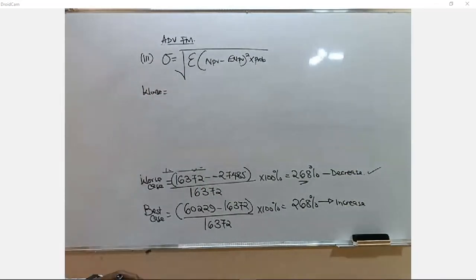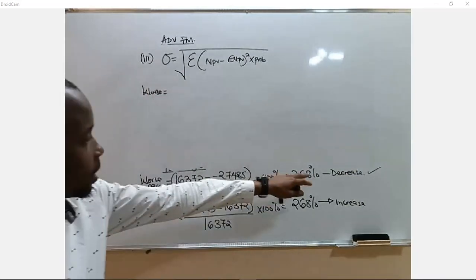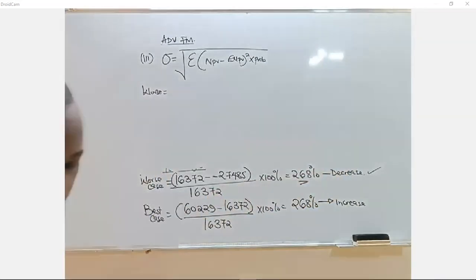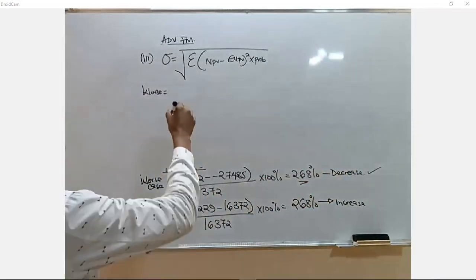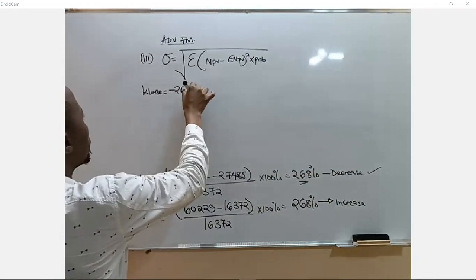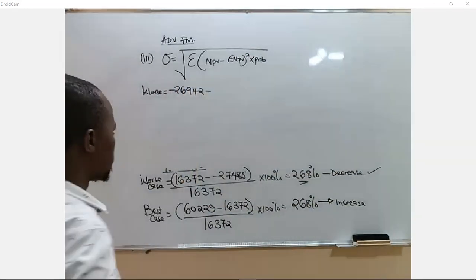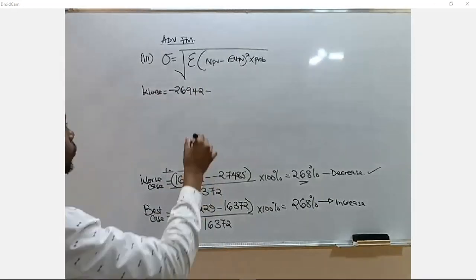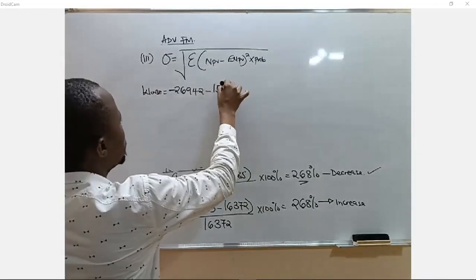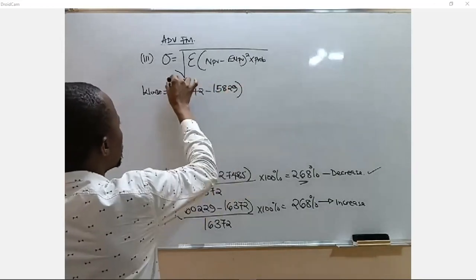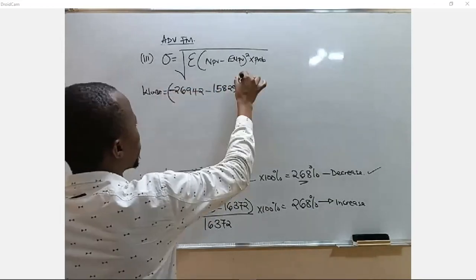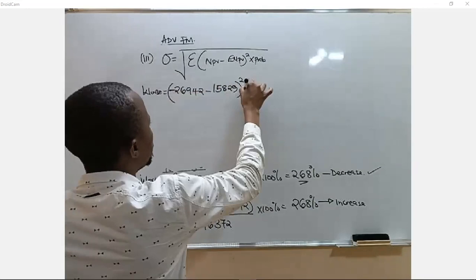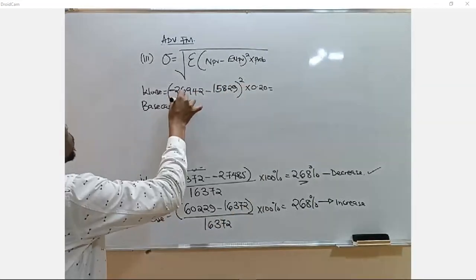So for the worst, I remember the first NPV zenye tulipata for the first requirement ilikuwa negative 26,942, minus the expected NPV ilikuwa 15,829, right? This will be squared. Then you multiply by the probability of 0.20. Then you go to the next one. We talk about the base case.